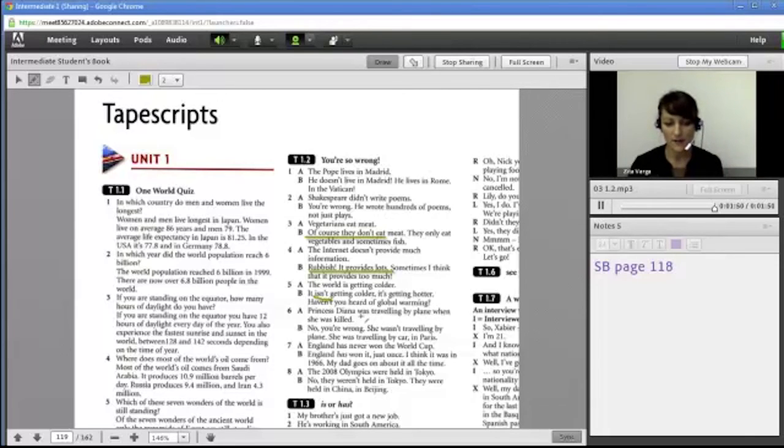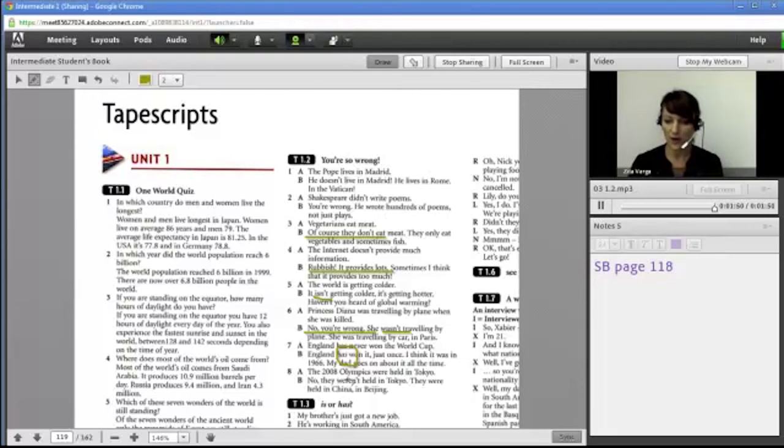6. Princess Diana was traveling by plane when she was killed. No, you're wrong. So you say you're wrong and you use no as well to put more emphasis on it. She wasn't traveling by plane, she was traveling by car in Paris. Number 7. England's never won the World Cup. England has won it. So here you can use simply the auxiliary on its own and put stress on it.